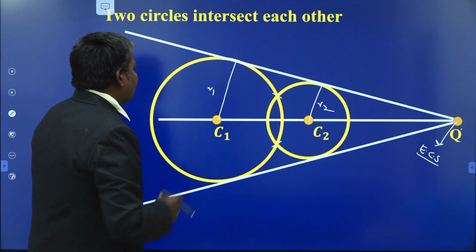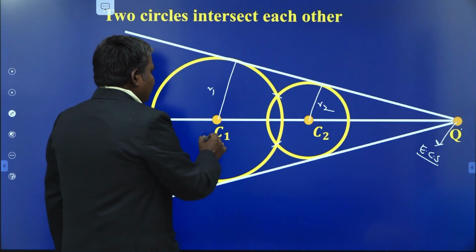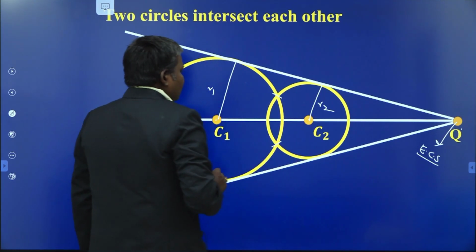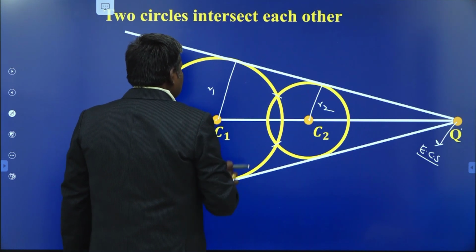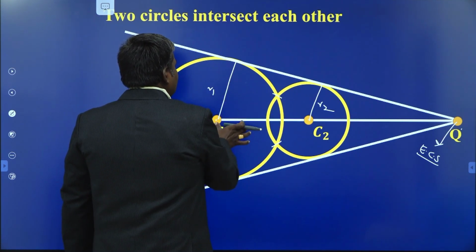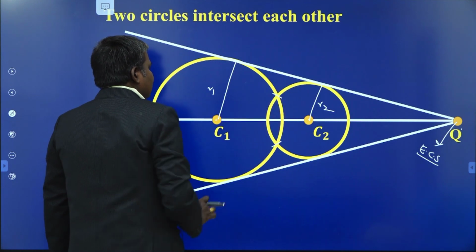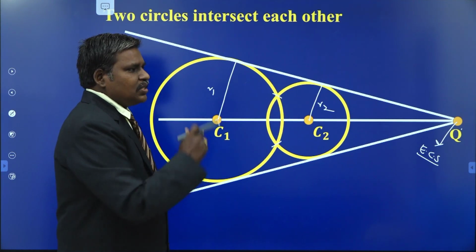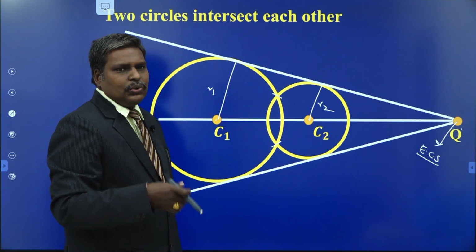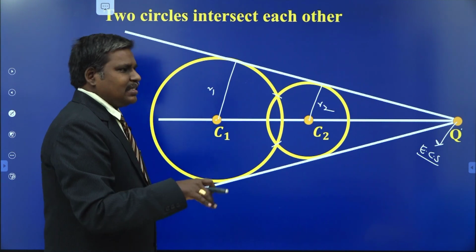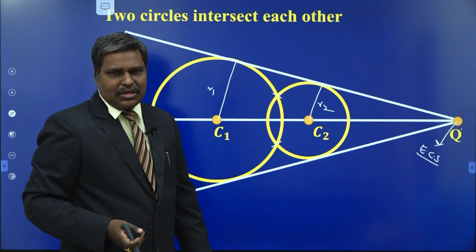My dear students, now what is the condition here? Distance between the two centers is always less than the sum of the radii and more than the difference of the radii. That is, modulus of R1 minus R2 is less than C1C2, and at the same time less than R1 plus R2.